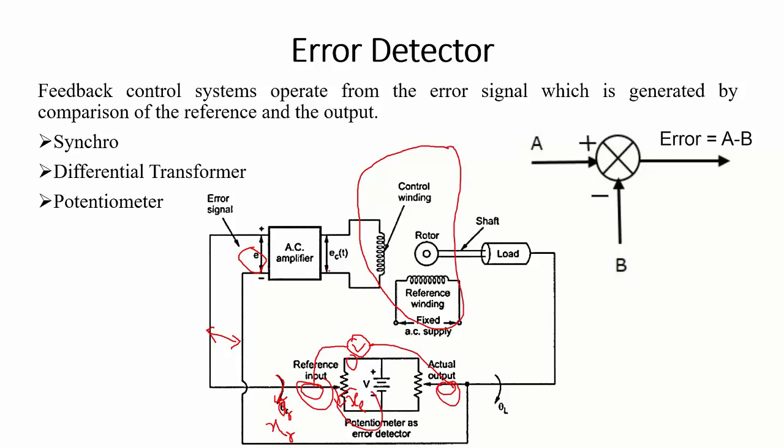So now we are going to use this as an actuator in order to correct the error. So this is the feedback element, the feedback component, which is sensing the error, while this is the actuator which will be employed in order to correct the error.